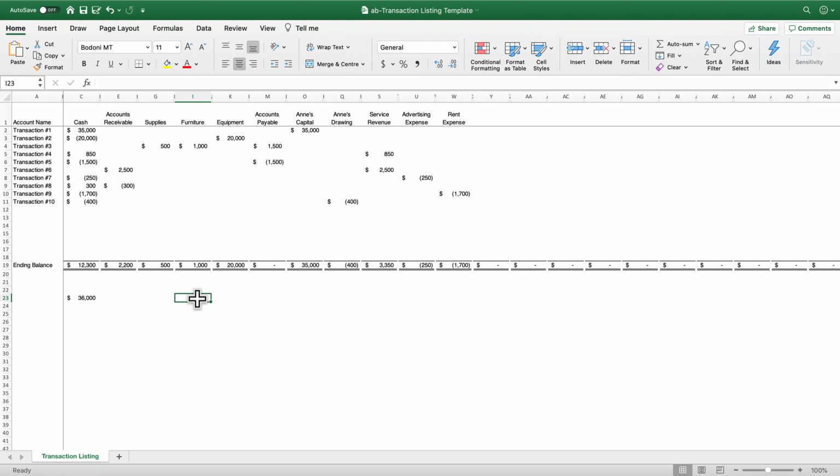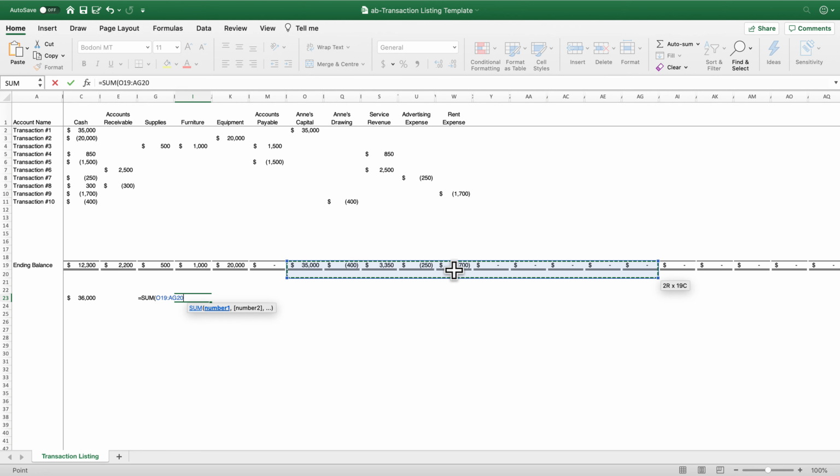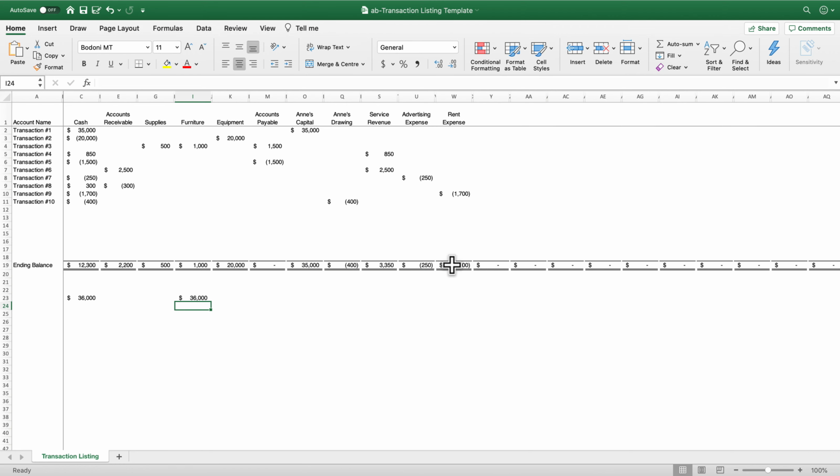So we have equals sum of these accounts here. And it should equal 36,000, and it does. So our assets are equal to our liabilities plus our owner's equity.